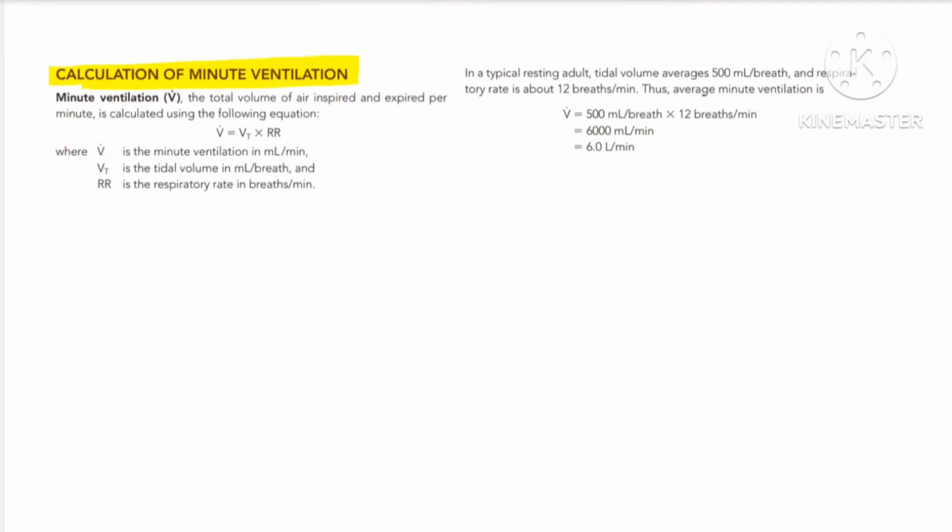Now see, if they ask you how to calculate the minute ventilation, the formula is given here. Minute ventilation is equal to tidal volume, which is the amount of air taken per breath, multiplied by respiratory rate per minute. Clear?